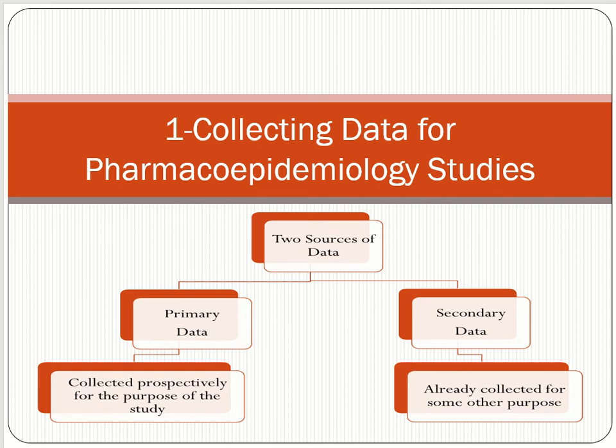So number one is collecting data for pharmacoepidemiological studies. There are two types of data, either primary or secondary. Basically the difference between the two: a primary database is the one that is collected by the researcher for their specific study. So the data is collected prospectively in real time for a specific purpose.